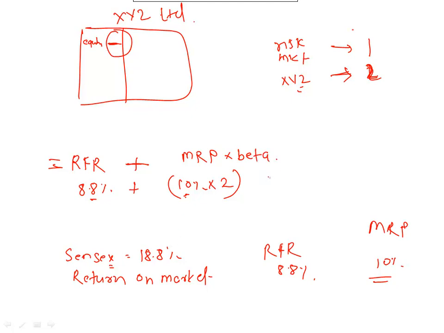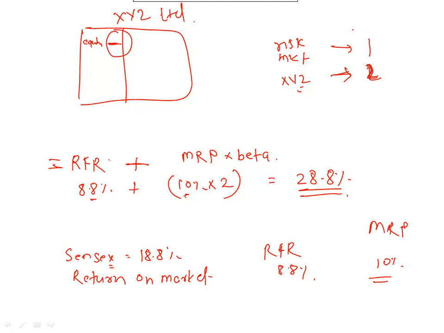So the cost of equity would be 28.8%. Have you followed the intuition here? There is a logical derivation, and to be honest, there is a mathematical derivation. This formula is nothing but the equation of a regression. But at this stage, we would try to understand it in a non-mathematical, logical way.